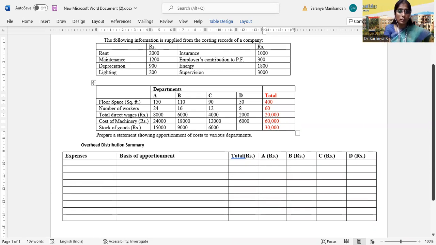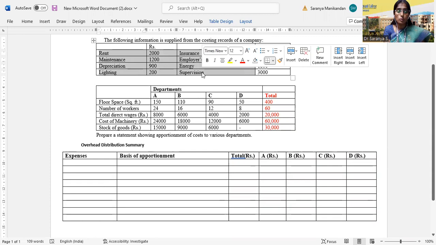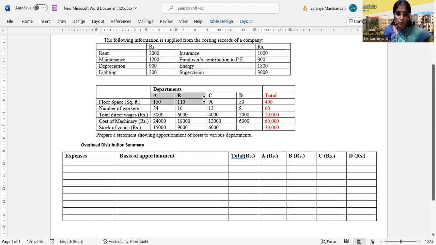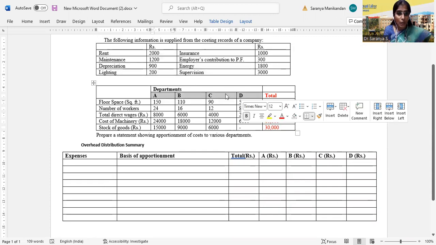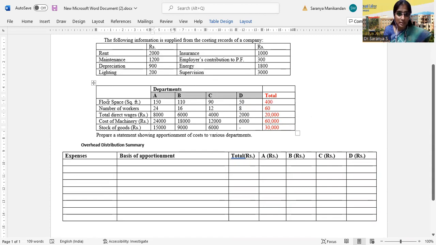So here the first table is about the expenses. We have 8 expenses, which should be apportioned to 4 departments, A, B, C, D, on the best arbitrary basis. The basis is given in the second table. We have floor space, number of workers, direct wages, cost of machinery, and stock of goods.